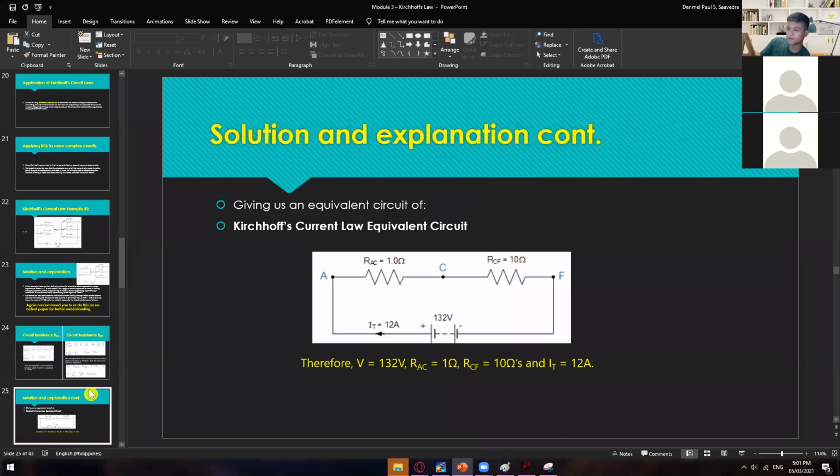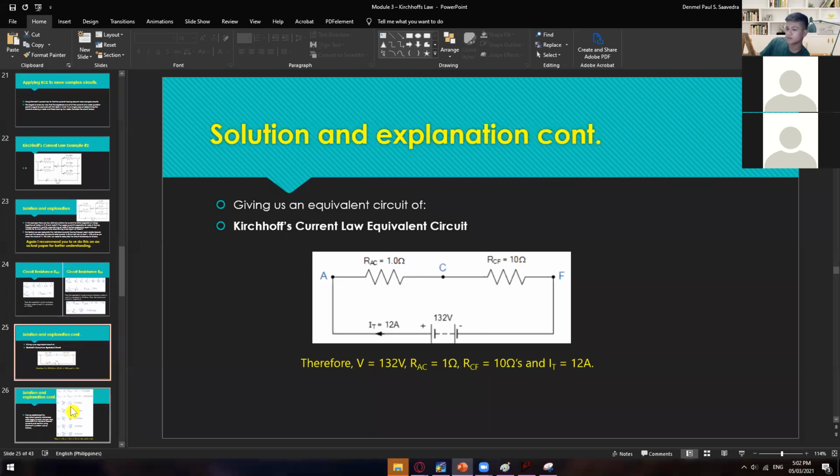We still have 132 volts, RAC is 1 ohm, RCF is 10 ohms, and I sub T is 12 amperes. There you go.